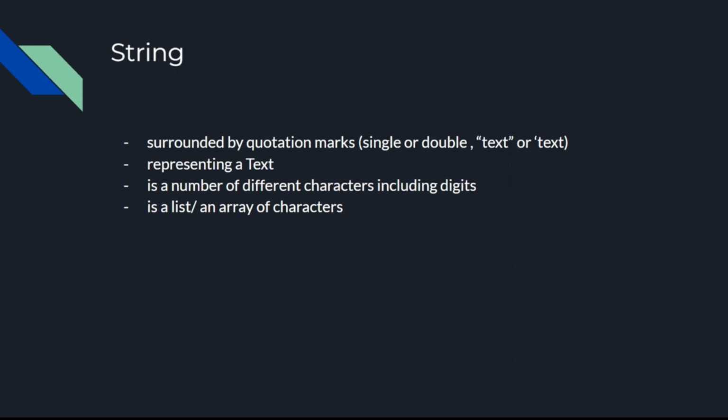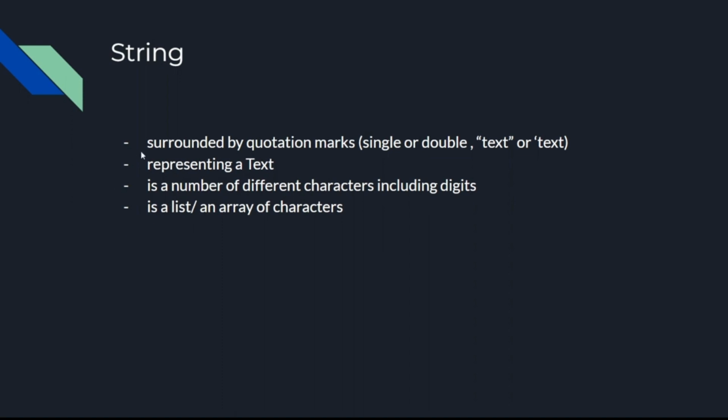There's only a string, and characters are usually in other languages just a single letter or a single digit or a single space. And in Python they are just strings consisting of only 1 character.